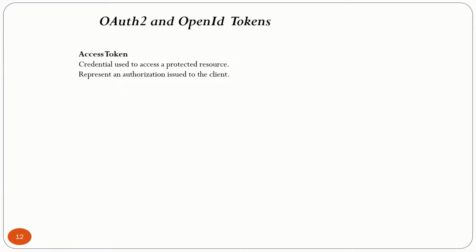We can have two types of access token. I will say this just quickly. The access token could be a JSON Web Token. Okay, we will see this in the demo. So in the demo that I'm going to present, the access token is a JWT.